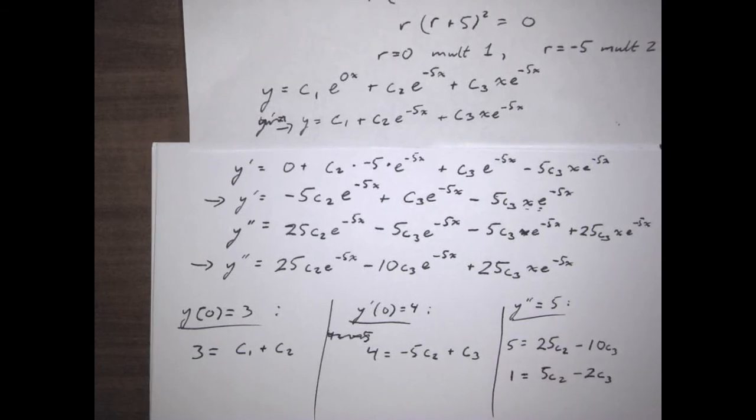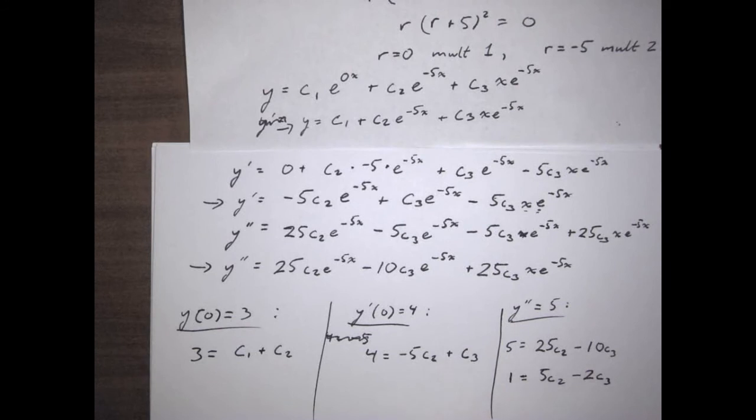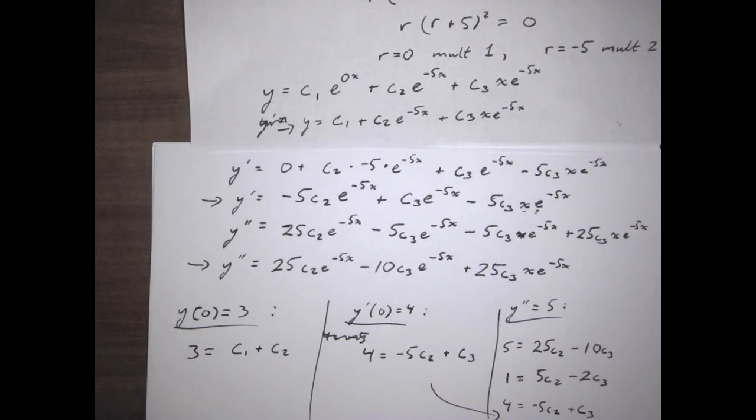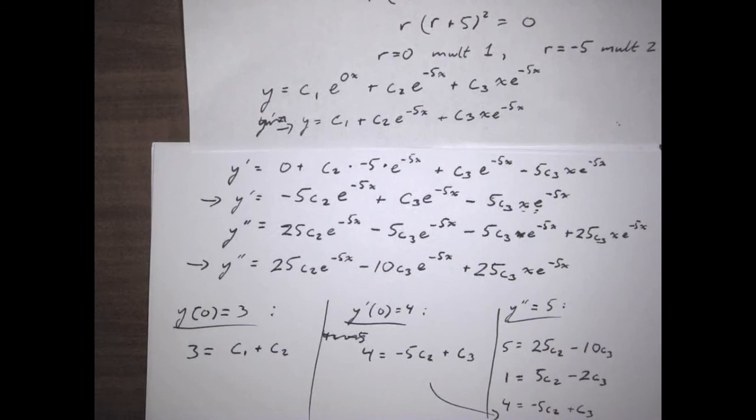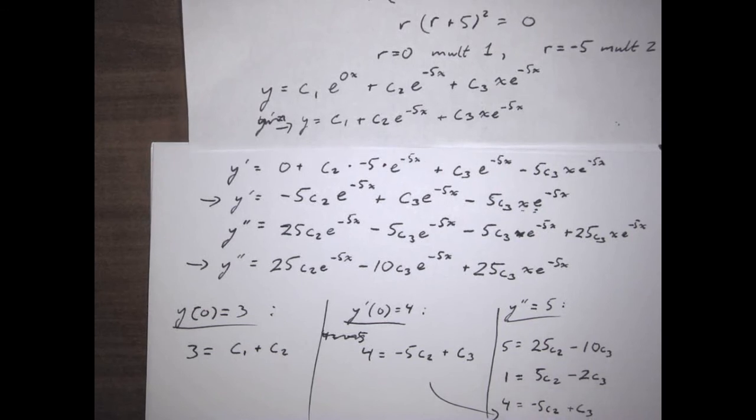So if I just actually add them together, then I'm going to get 5 equals negative c3. So c3 is equal to negative 5.